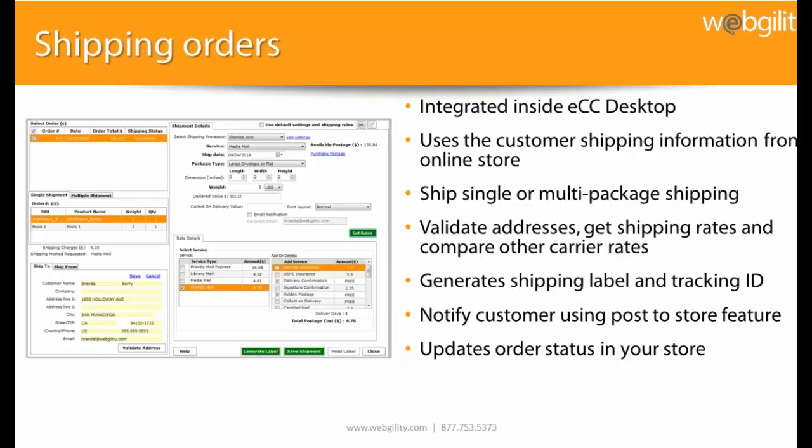But across the board, you're able to validate addresses, and when you set up the service and the package type, you're able to get real-time rates, and those real-time rates are generated by the carrier. So that's really cool. The rates aren't coming out of nowhere. The carrier is actually generating those rates, and they're being displayed within the shipping module.